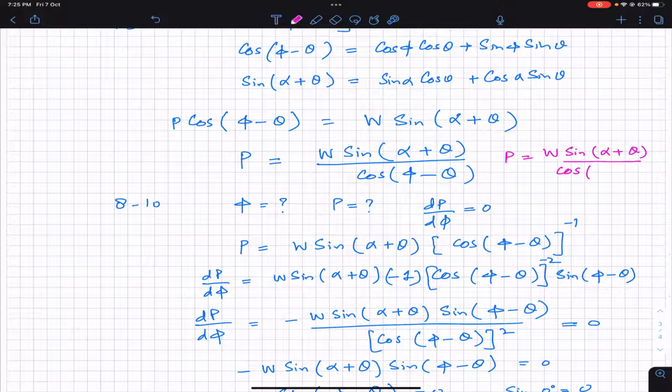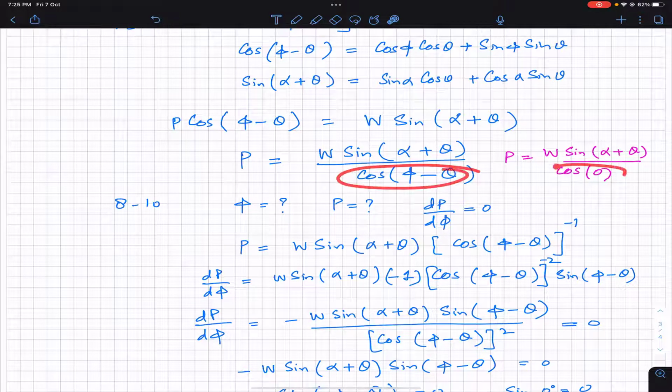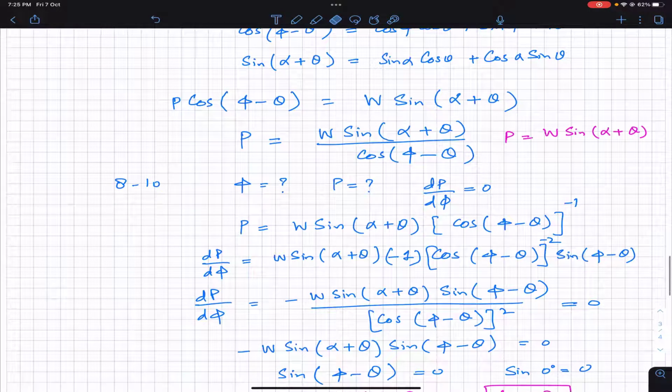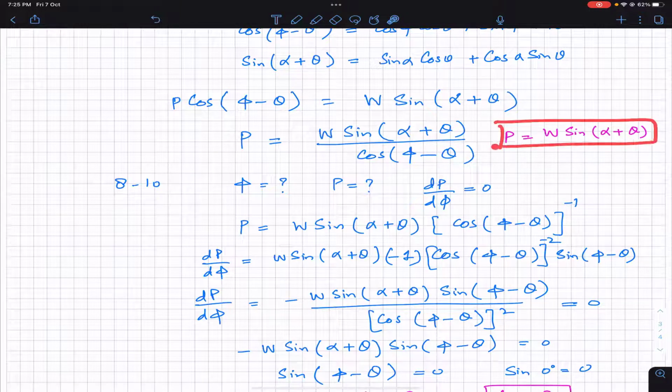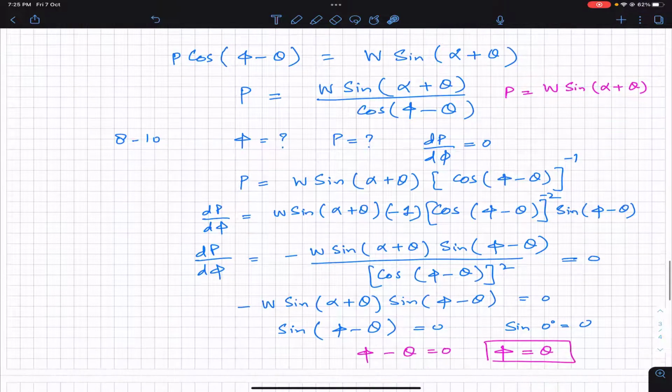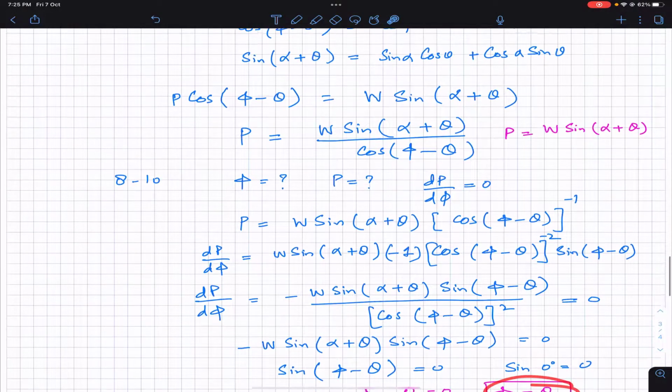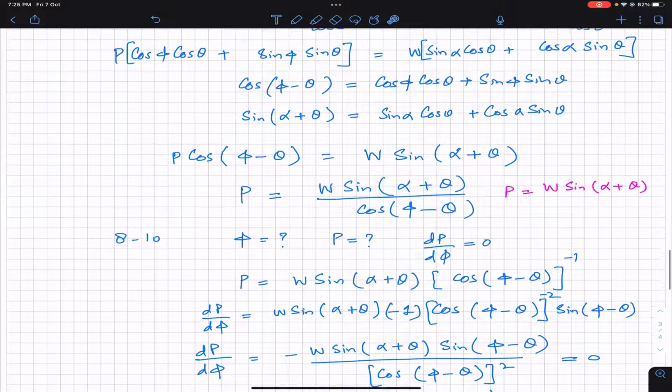So cos of 0 is equal to 1, and this denominator will become 1. So P will be equal to W sine of alpha plus theta. This minimum P is possible when phi equals theta. So this is the minimum P which is required.